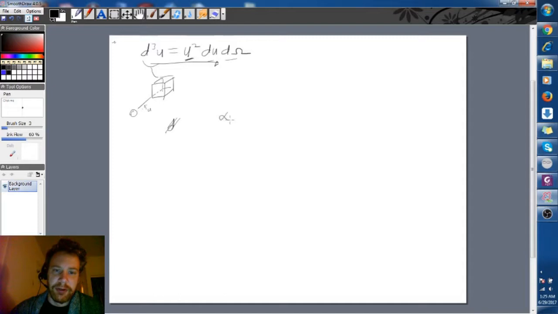If we have alpha radians, this is just equal to the length over the radius, where the length is counted around the circle of radius r. We're subtending from here to here, for example. This is going to be alpha radians.